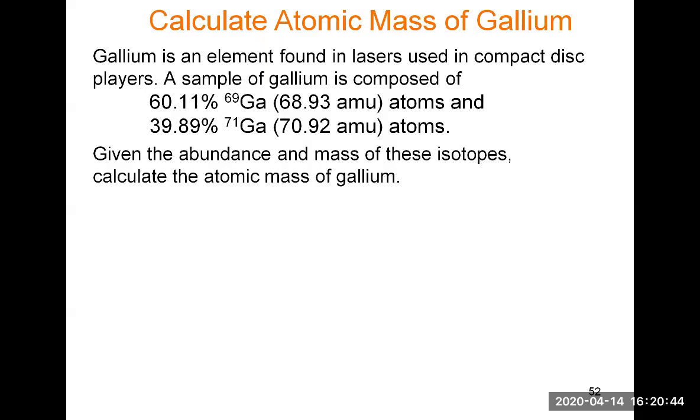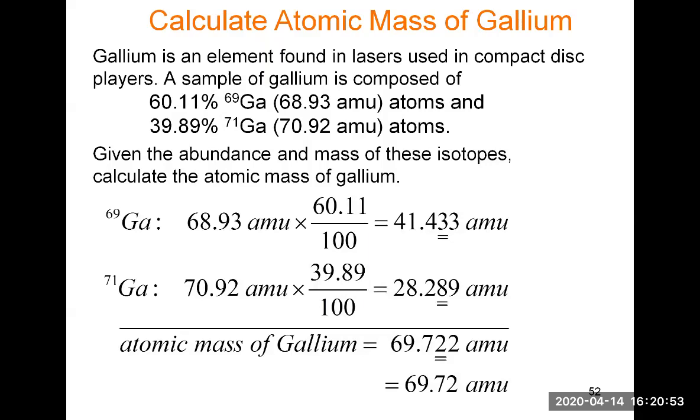Again, you need to practice this on your own before you watch the answer. So here, if we set up the problem, it looks like this. The contribution of gallium-69, you will use its atomic mass, 68.93 atomic mass units, times the percent abundance, 60.11 divided by 100.